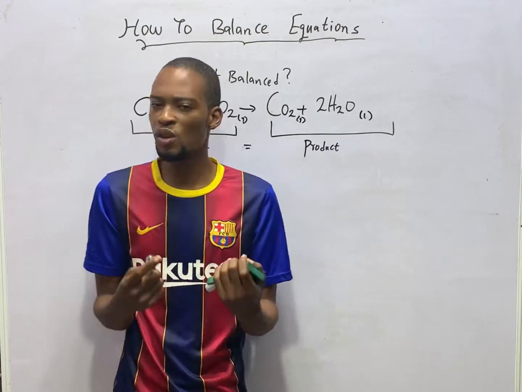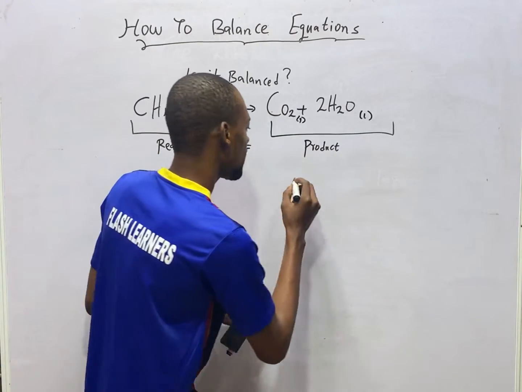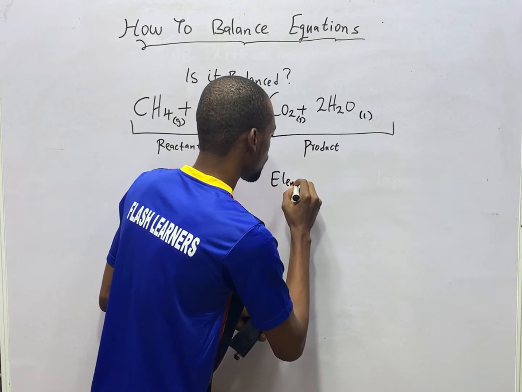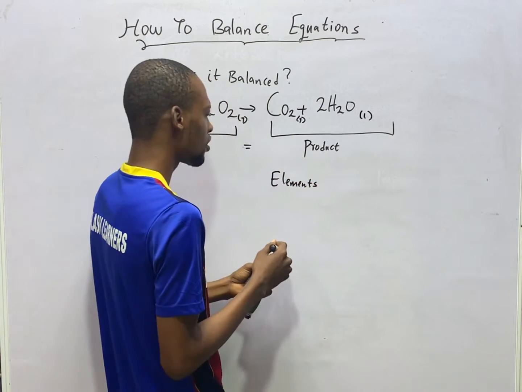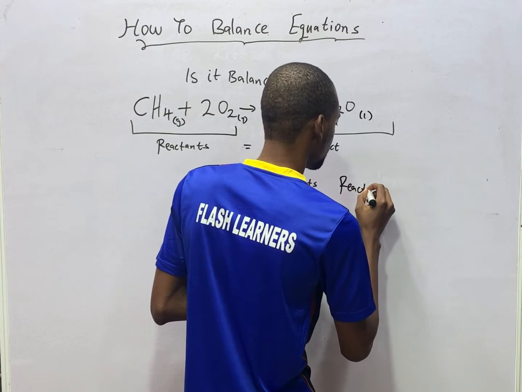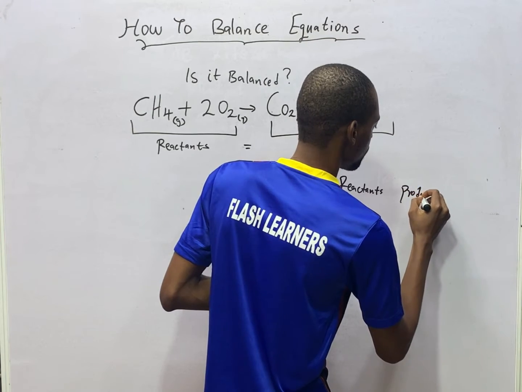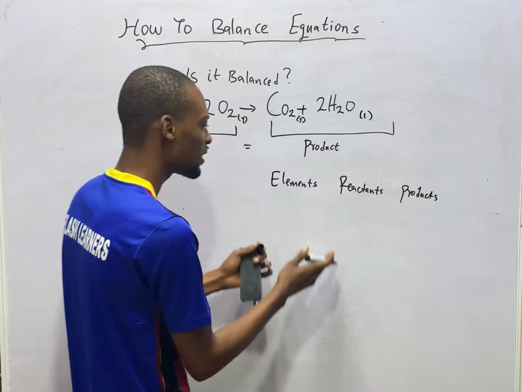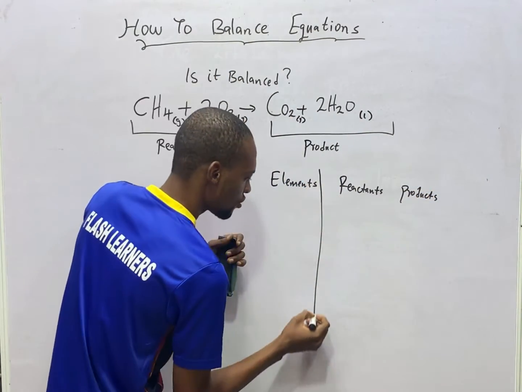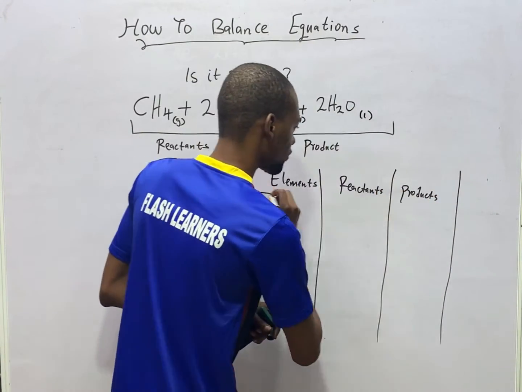You can't talk about equations without elements and compounds. So we have elements, then we have the reacting side, reactants, and we have products. If we decide to do it this way, let's draw here, here and here.